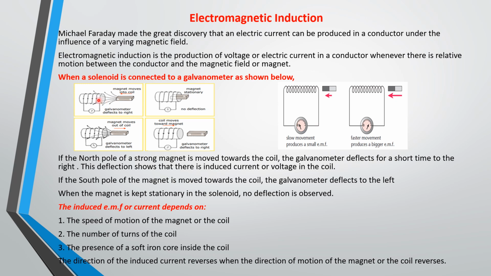So when you are talking about current by induction, the magnet is not touching the solenoid before you observe it. Don't forget that in a magnet there's a magnetic field.